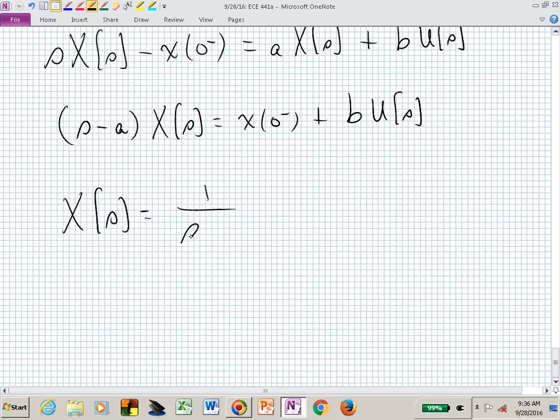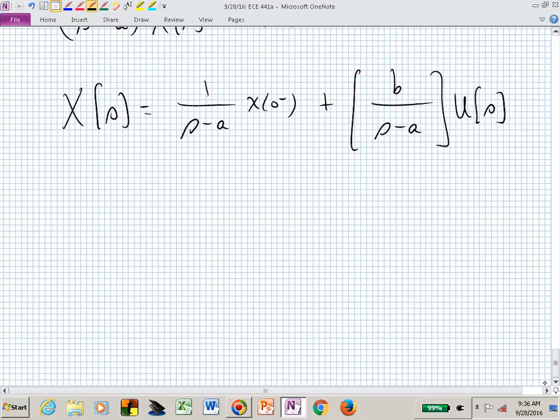That's now 1 over s minus a times the initial condition plus, let's say, b over s minus a u of s. And I may actually want to put that b with the u in a little bit, so I may just pull it outside that square bracket just for fun. Actually, it will make more sense in a minute.